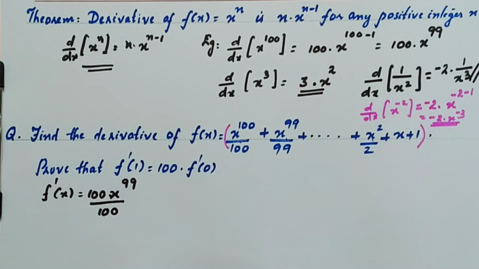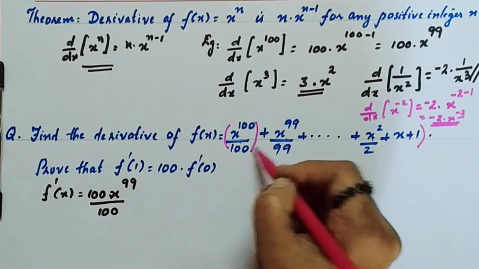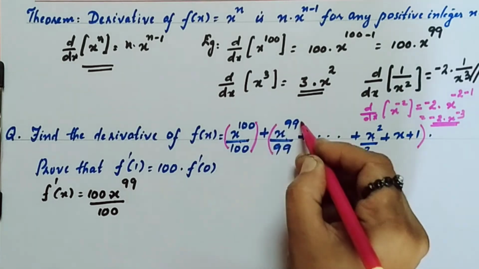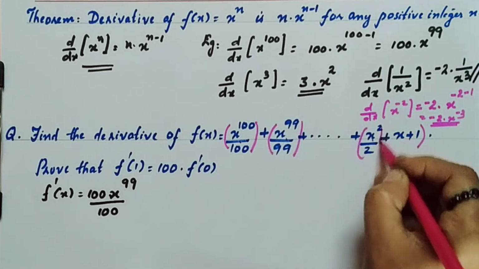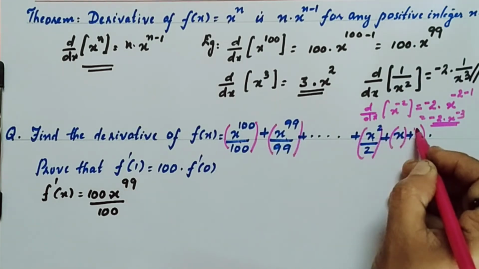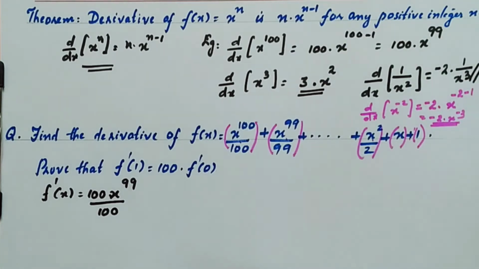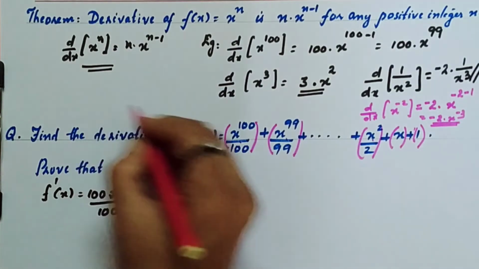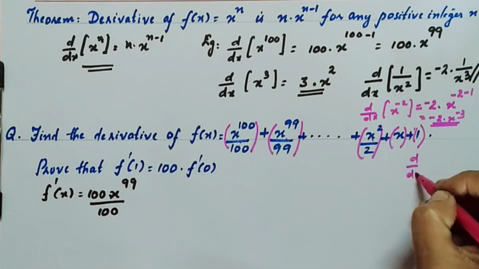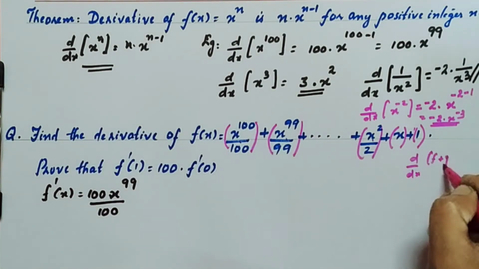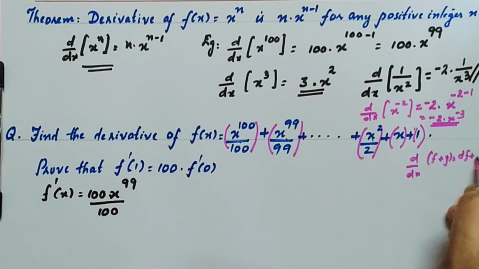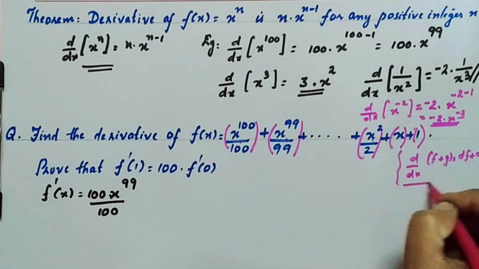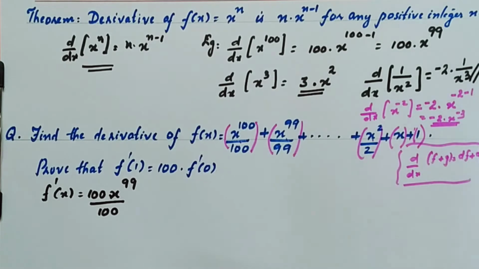So it is equivalent to the derivative of x raised to 100 by 100, plus the derivative of the second term, etc., plus the derivative of the last term. So in this way you can split it up to find the derivative. Why? Because the derivative of f plus g can be written as the derivative of f plus the derivative of g. This is studied. Based on that we are going to split it up.